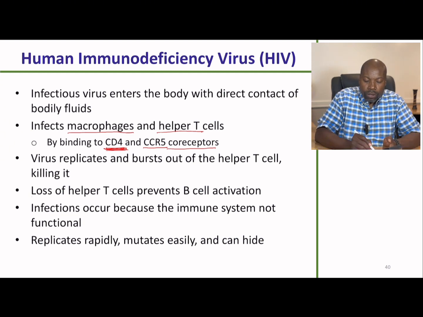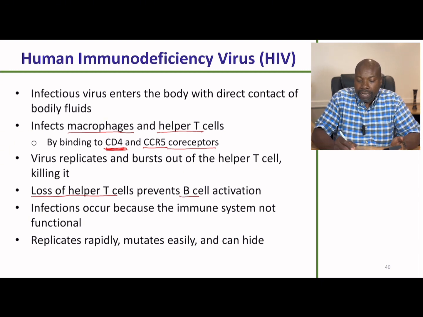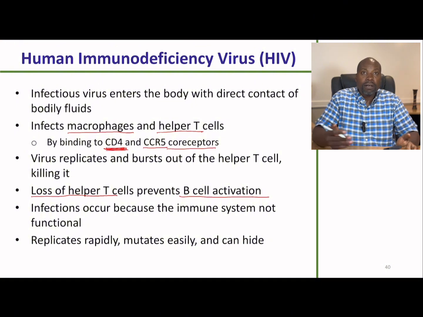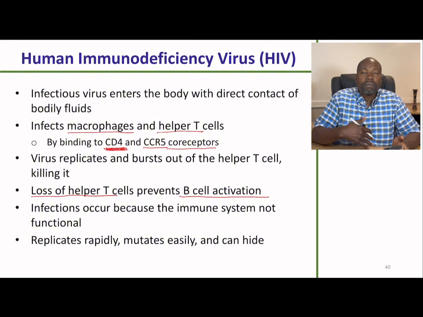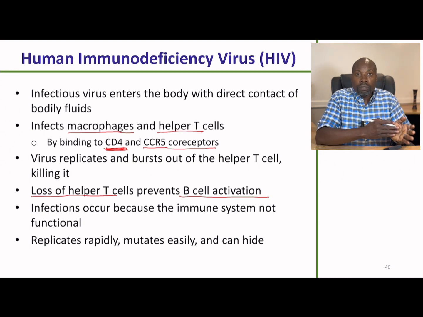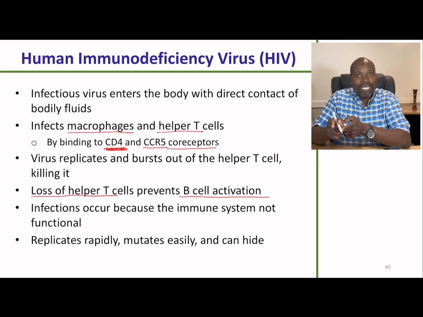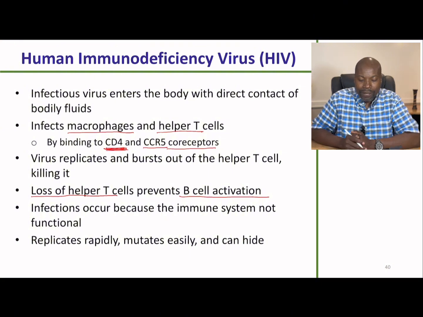The fewer helper T cells prevent B cells from being activated, from undergoing clonal expansion, converting B cells to plasma cells that actively produce what? Antibodies, right? And release those antibodies. But let me close that parenthesis.